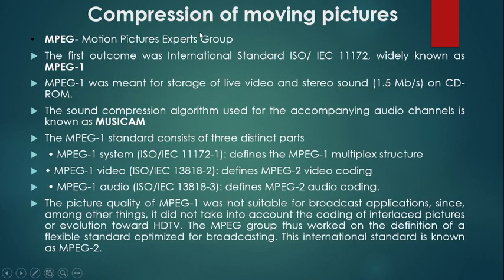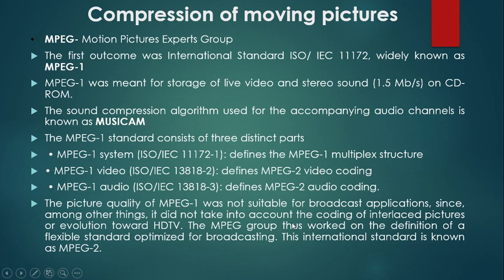The first outcome was the standard MPEG-1. This was basically meant for storage of live video and stereo sound on CD-ROM, and the compression algorithm was called Musicam, and it consists of three distinct parts, that is for the audio, video and also for the multiplex structure. But the standard of MPEG-1 did not satisfy the digital needs.